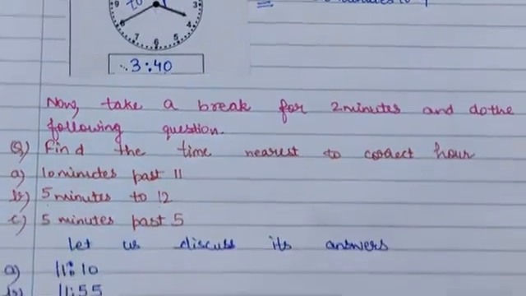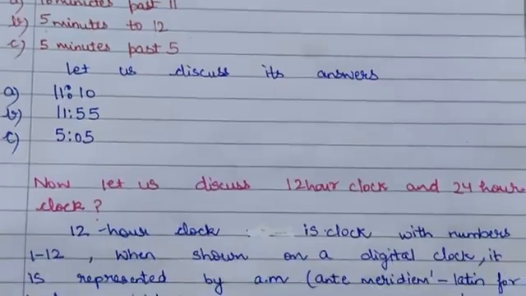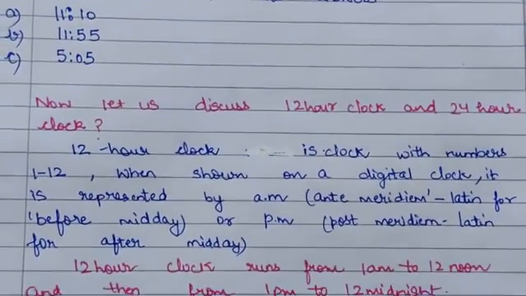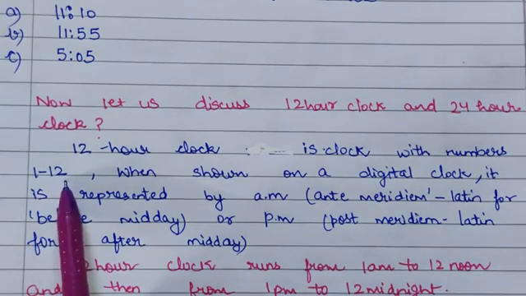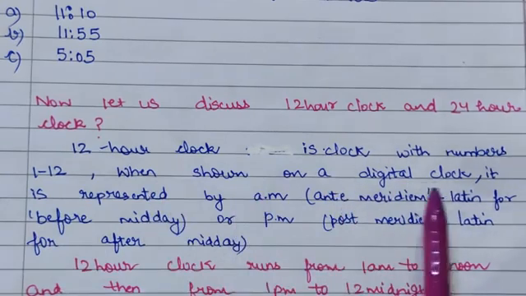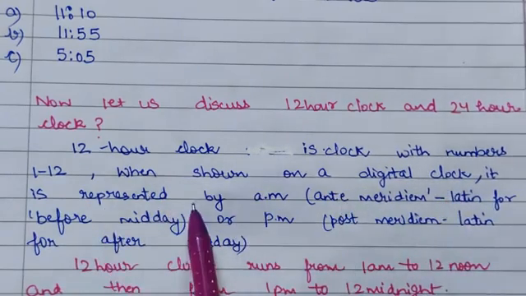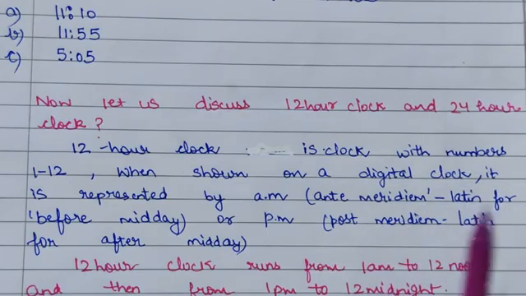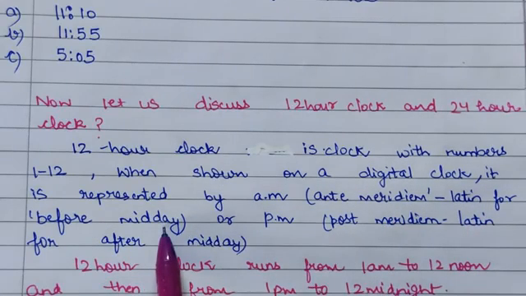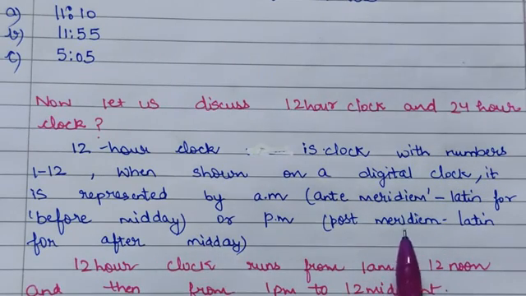Now let us discuss 12-hour clock and 24-hour clock. 12-hour clock is a clock with numbers 1 to 12 when shown on a digital clock. It is represented by AM, that is ante-meridian, Latin for before midday, or PM, post-meridian, Latin for after midday.